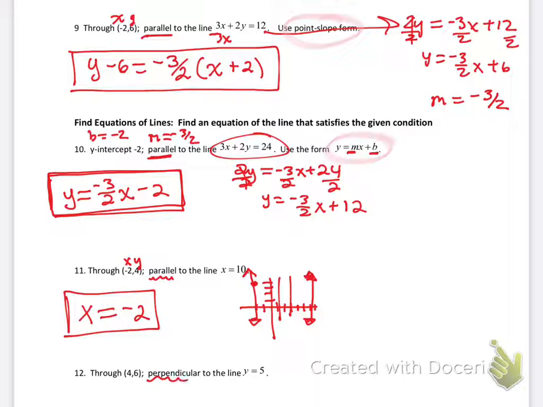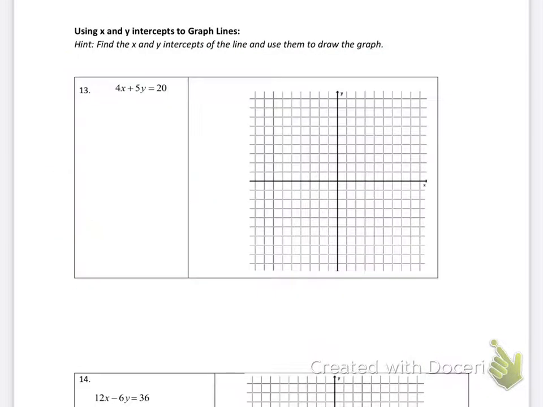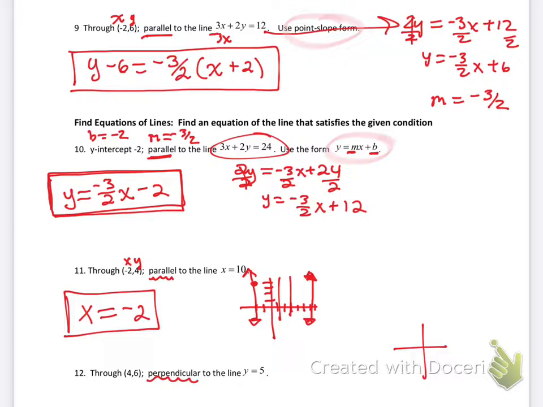Okay, let's look at the next one that's perpendicular. This time they give me y equals 5. So y equals 5 would be a horizontal line through 5. Every other horizontal line is parallel to that line. They want the one perpendicular, so the one that's going vertical, and it has to go through the point 4, 6.